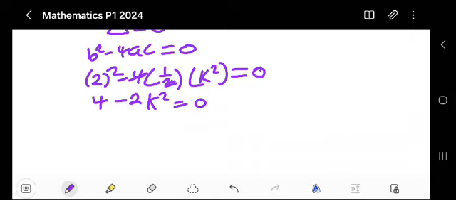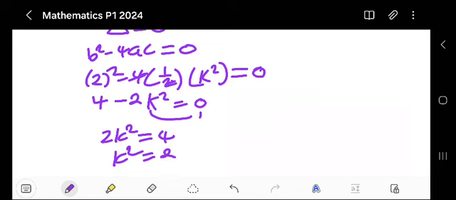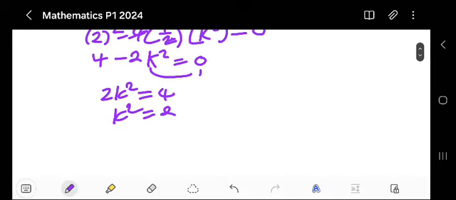Then I can take that to the other side. I will have 2k squared is equal to 4. Then I divide by 2 both sides. This will be what, 2. Then I take the square root both sides. If I take the square root, the square will cancel with that.